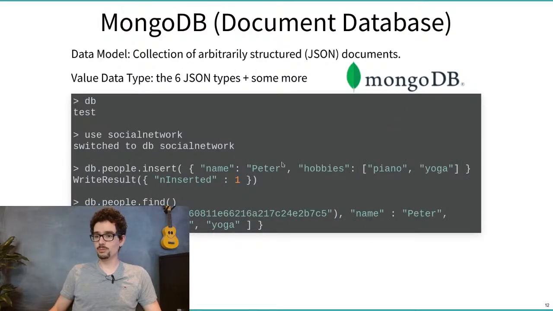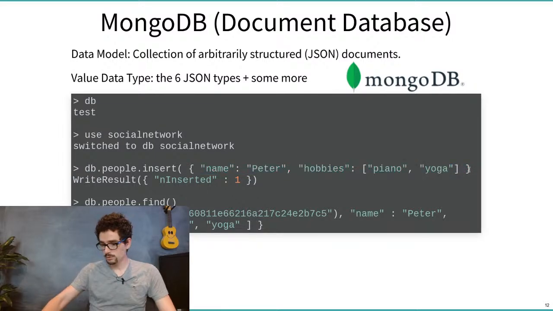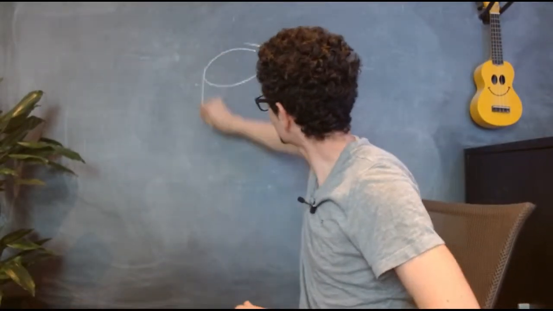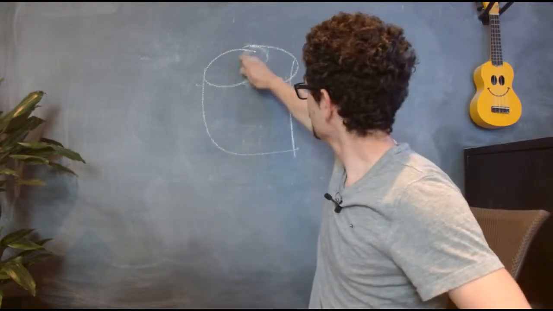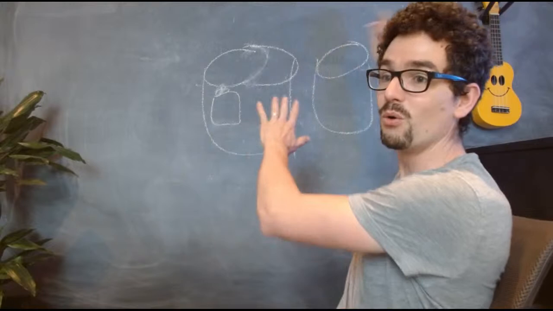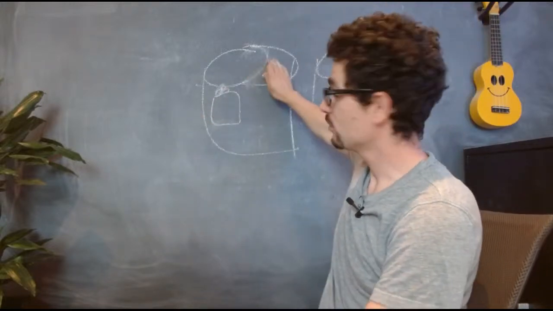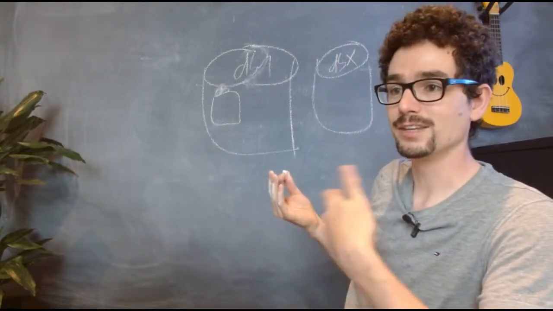Okay, MongoDB. MongoDB is a document database, and we already looked a lot at JSON documents. The idea of MongoDB is simply putting a JSON document in a so-called collection. So this is MongoDB's data model. Let's say the whole wall is MongoDB, and this is database 1, and this is database X. So you can have multiple databases.